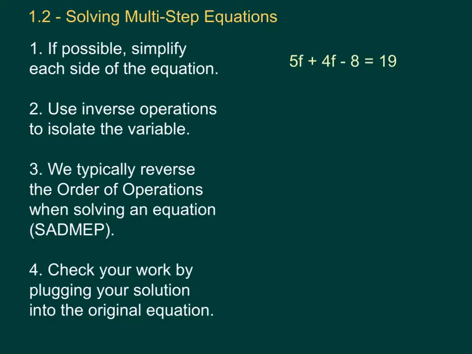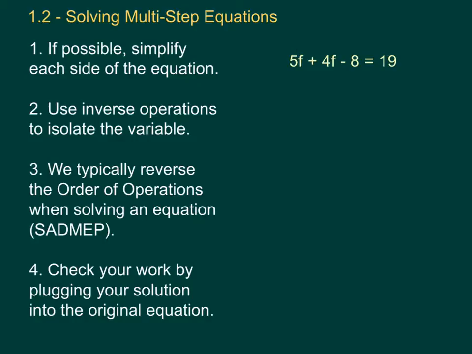First step in solving a multi-step equation, like we have on the right here, 5f plus 4f minus 8 equals 19, is if it's possible, we often want to simplify each side of the equation. Not always possible, but when it is, it's useful. So I look at the left side, 5f plus 4f minus 8, and I see that I can combine some like terms there.